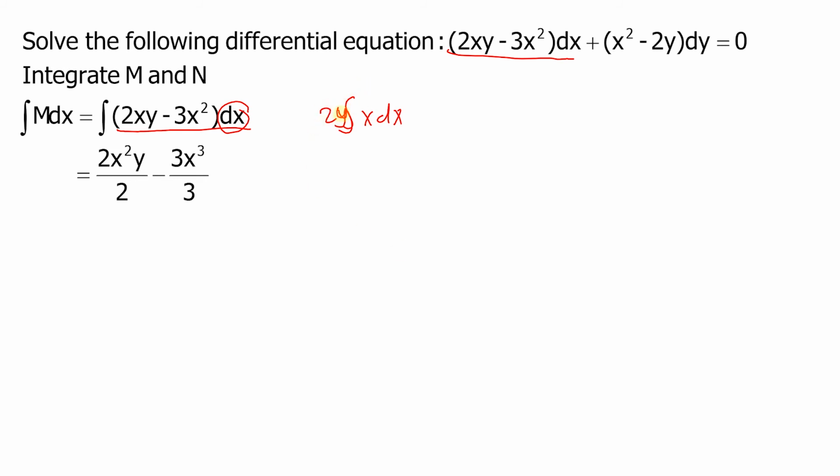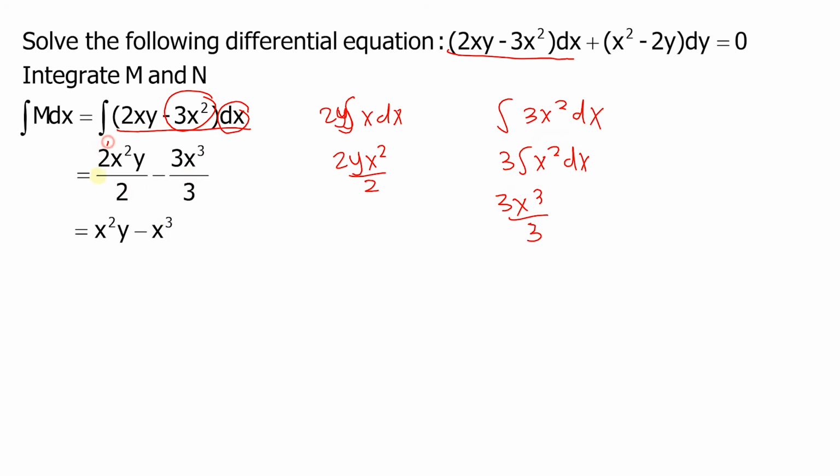Power formula lang, x squared over 2. Then, integral of 3x squared dx. So, 3 times integral of x squared dx, that's simply equal to 3x cubed over 3. Simplify lang, cancel ang 2 and ang 3. So, you have x squared y minus x cubed.